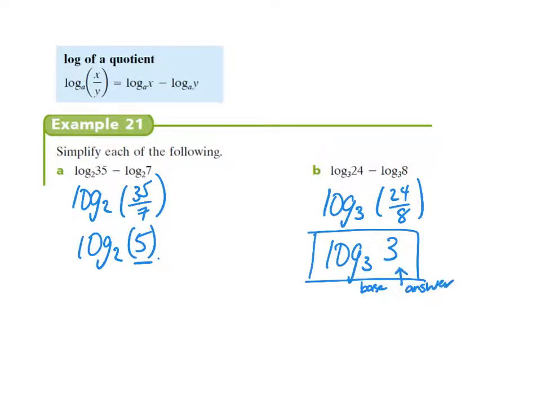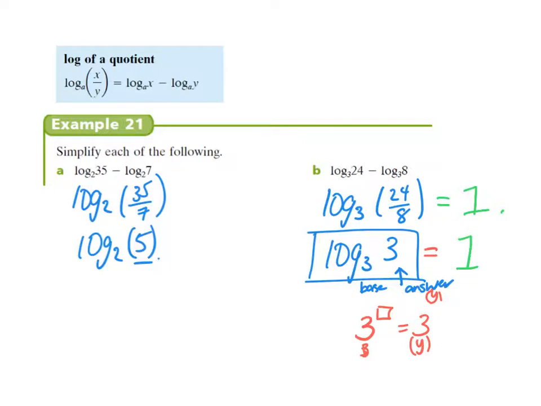So what we can actually say is, hey, this equals base 3 to the power of something equals the answer 3, the y. That's the y there, that's the base there, and the answer or the power is this guy here. So 3 to the power of what made 3? Oh, that's actually 1. So this whole thing equals 1. So although we've simplified, we've actually also managed to evaluate.